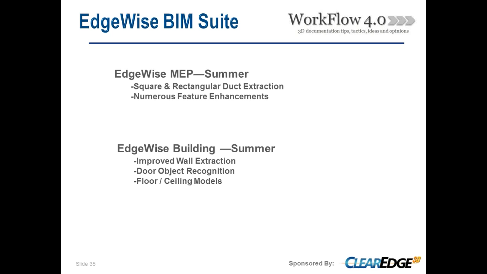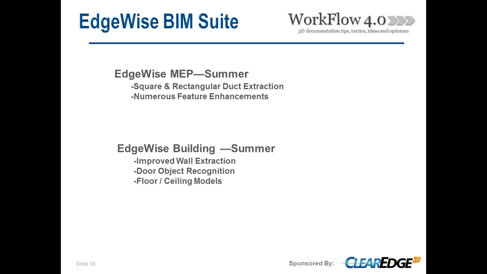And then we've also got a number of niceties and feature enhancements that we're going to be throwing in. Things like better clipping boxes, better selection tools. A biggie is going to be better QA integration with Revit. Similar to what we do with edgewise building, we want to be able to give that same type of functionality for pipes and ducts.